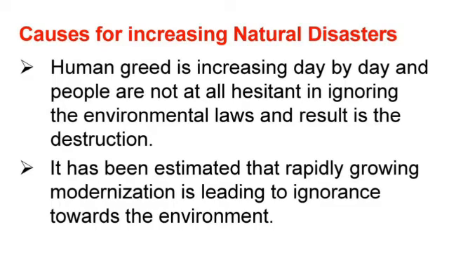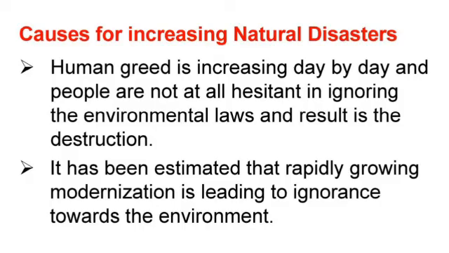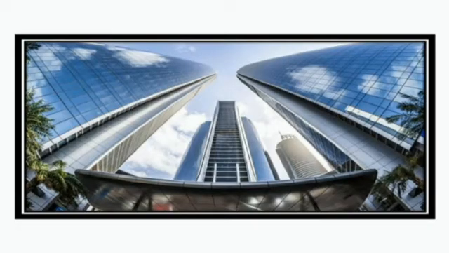So basically, today, if you see, the unlimited desires of people are leading to a lot of environmental problems. So today we do not care about any rules and regulations of the government as well as of the environment. So I think this is adding to the problem of natural disasters. It has been estimated that rapidly growing modernization is leading to ignorance towards the environment.